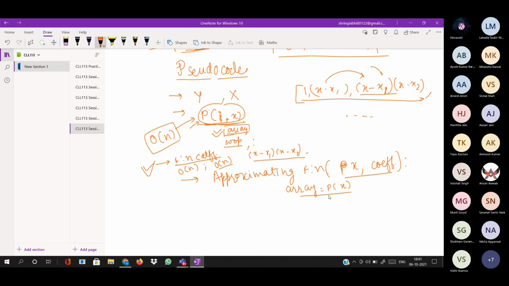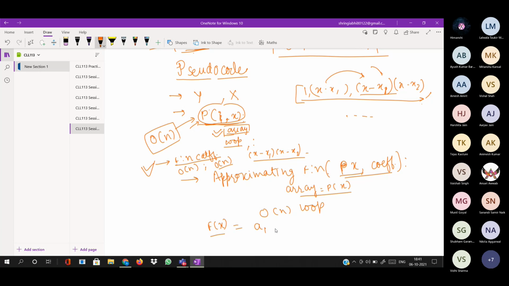So once you have all this array, then you can just, in a loop, find out the value of this f of x by approximating through this. Fx equals, what is fx?